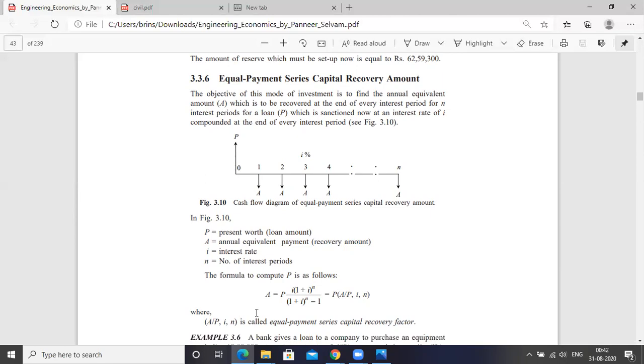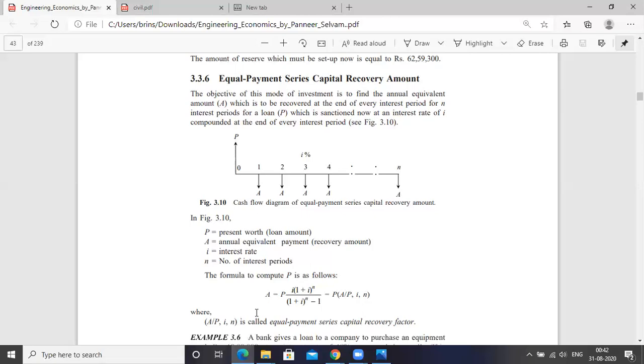You can substitute these two in the previous one, which is that A is equal to P into A by F into F by P, right? You can substitute these two.